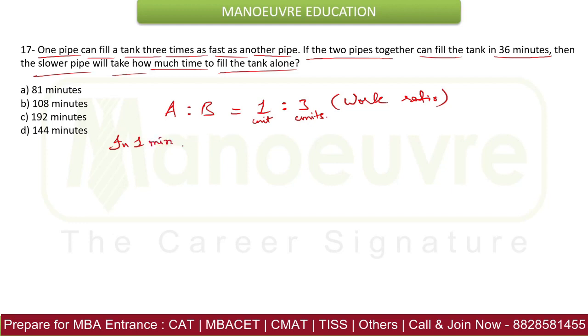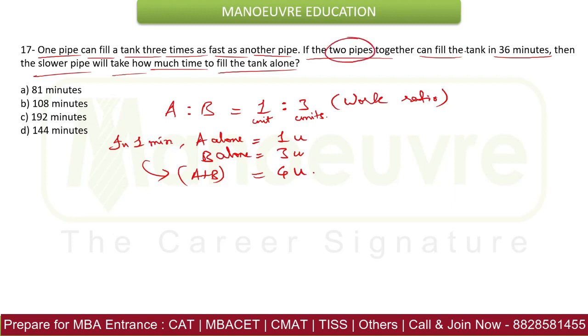In 1 minute, A alone completes 1 unit, B alone completes 3 units, and A plus B in the same 1 minute will complete 4 units. Okay, so now 2 pipes together take 36 minutes.